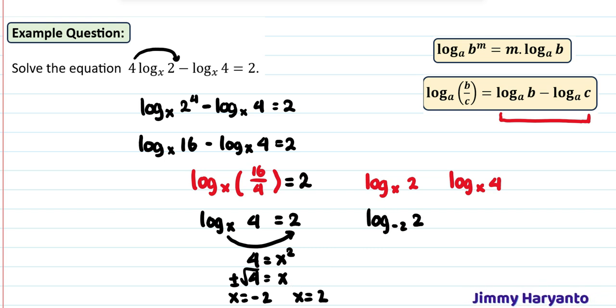This one is not valid, so we have to reject this one. And then for the 2, I think there is no problem if you put the 2 inside the two expressions. It will be valid and it's defined. That means the only answer is x equals 2.